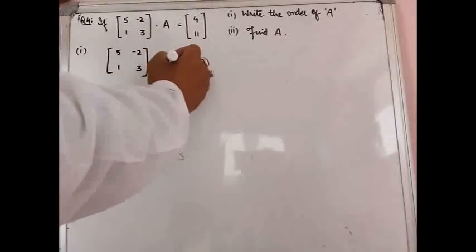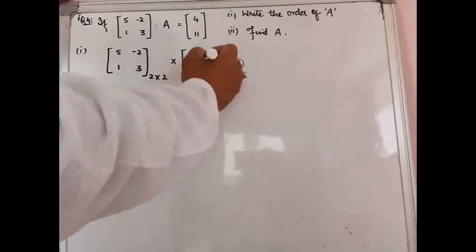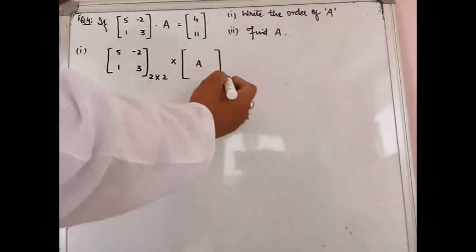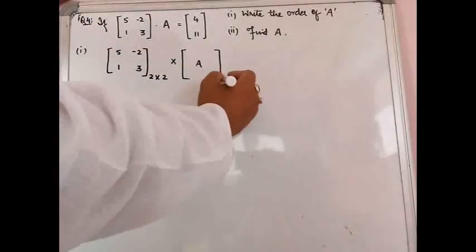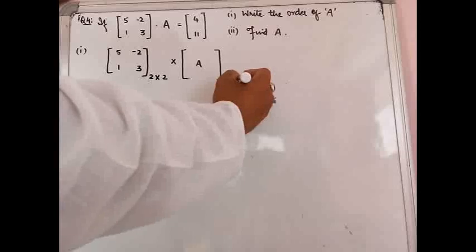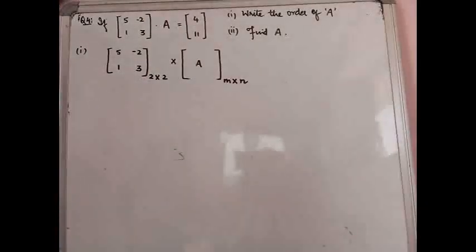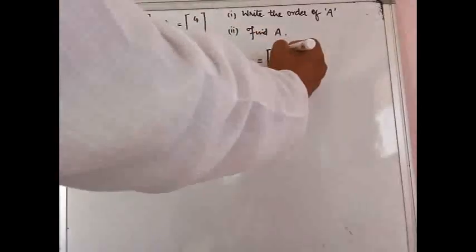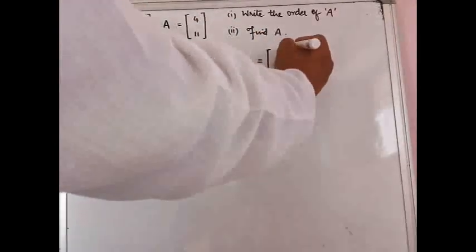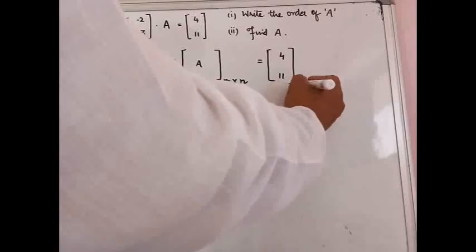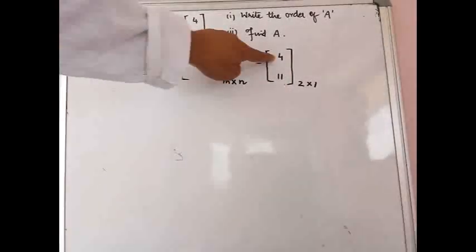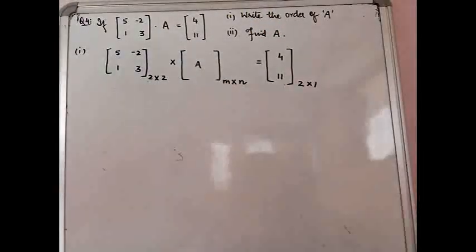Now this is getting multiplied with a matrix A whose order we don't know, so I will assume that order to be m by n. Equal to, what is there on the right side? We have 4 and 11 on the right side, and its order is 2 by 1. 2 rows, 1 column. So this is what we have written.